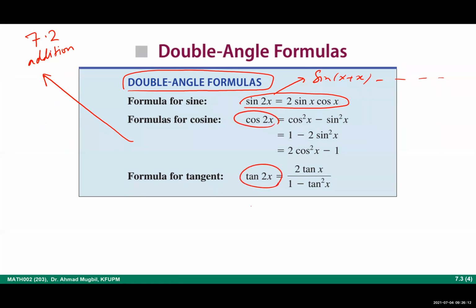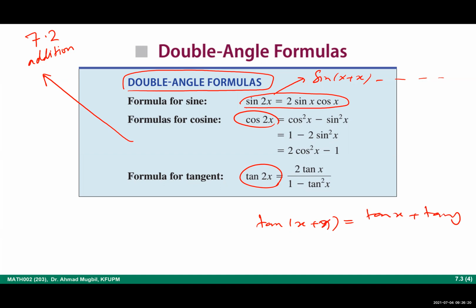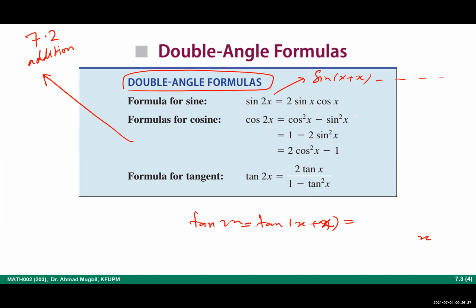You remember what tan x plus y is? It is tan x plus tan y over 1 minus tan x tan y. Now, when you have x plus x, this will be tan 2x, and you will have tan x plus tan x, so it will be 2 tan x over 1 minus tan squared x. And of course, you can just apply the formula, if you remember, Shabab, the remaining of the formula. What I'd like to focus on is this one.